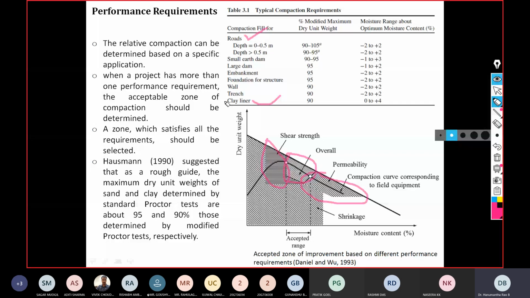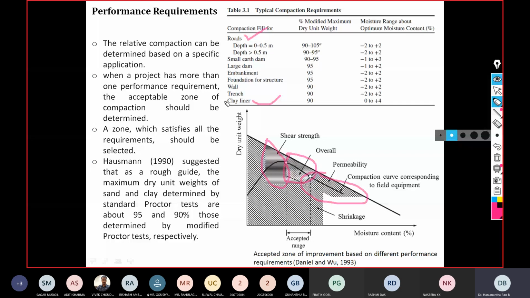For example, if you take the roads, it is not only the strength requirement, but it is also our duty to ensure that the permeability is at least. So suppose if you take the roads, the primary concern may be the strength, but the permeability can become the secondary. Similarly, the consolidation or the settlement.